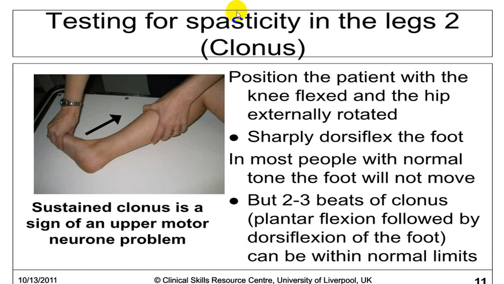It will be a very good sign in a case of increased tone in the muscle. We call it upper motor neuron damage because of increased tone, hypertonia. So you get a plantar flexion, extension at ankle, and it is a sign of upper motor neuron palsy on that side.